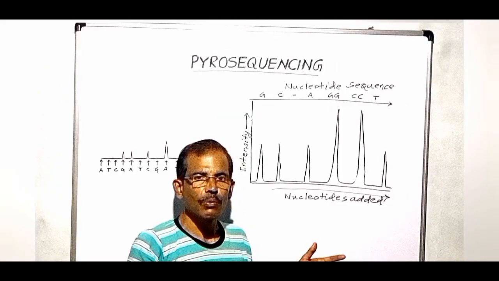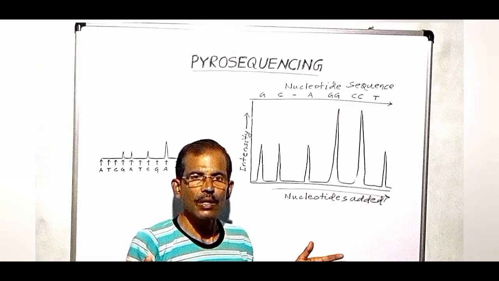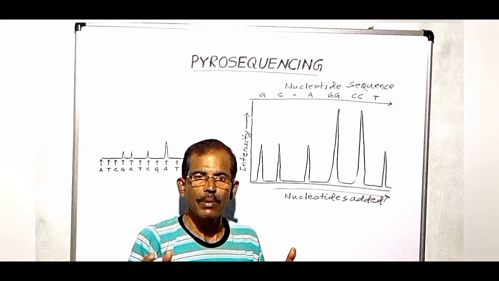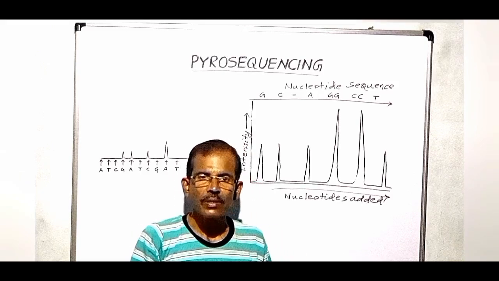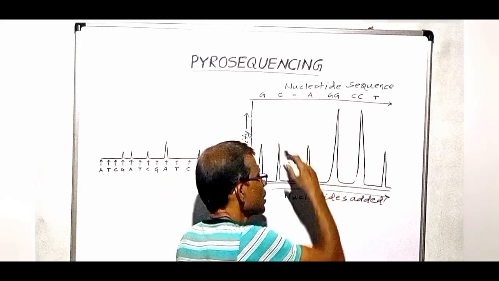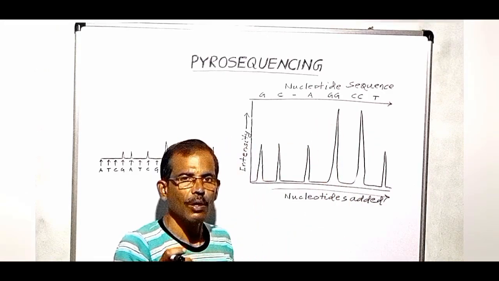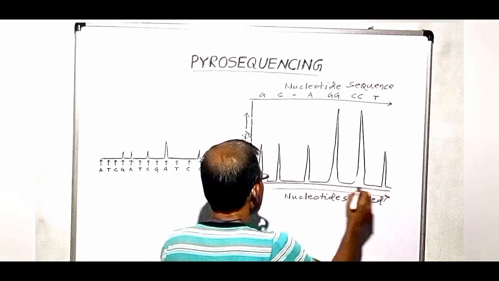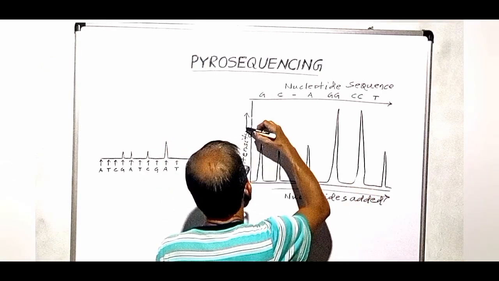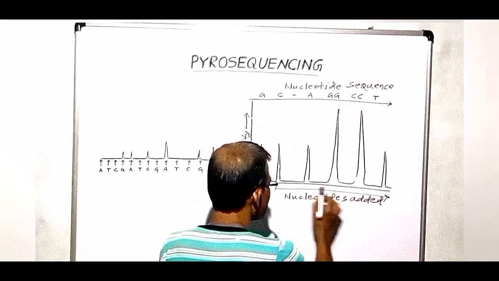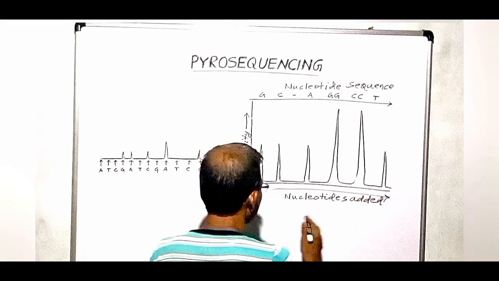In pyrosequencing, the intensity of the light signal is detected by a sensitive camera. The sequencing reaction generates a pyrogram, which is a graphical representation of the light signals. It has been plotted by taking intensity of the light signal on y-axis and nucleotides added on x-axis.